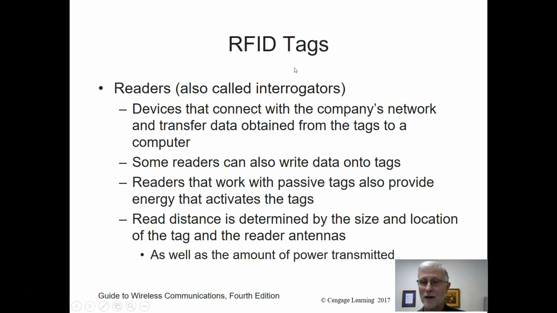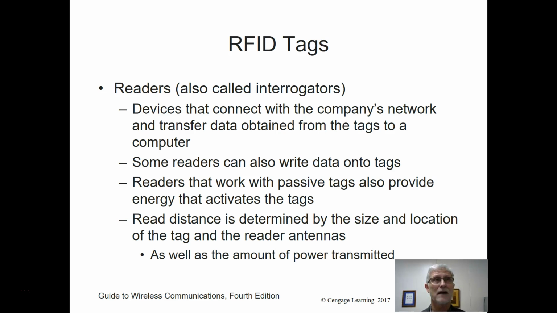Now, of course, if I have a tag, you have to have a reader, or in this case, it's also called an interrogator. It's just devices that connect to a company's network that can transfer the data from the tag into a computer. Some readers can write information onto tags.